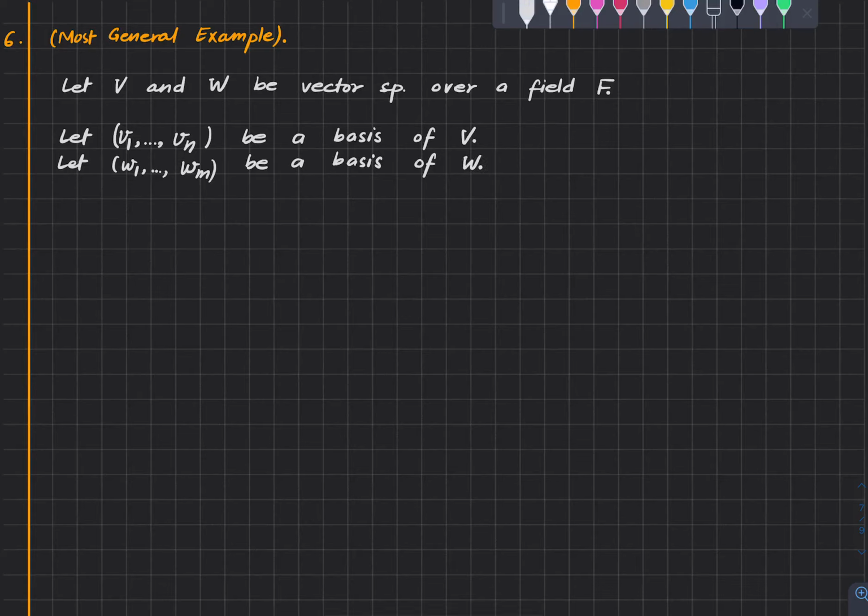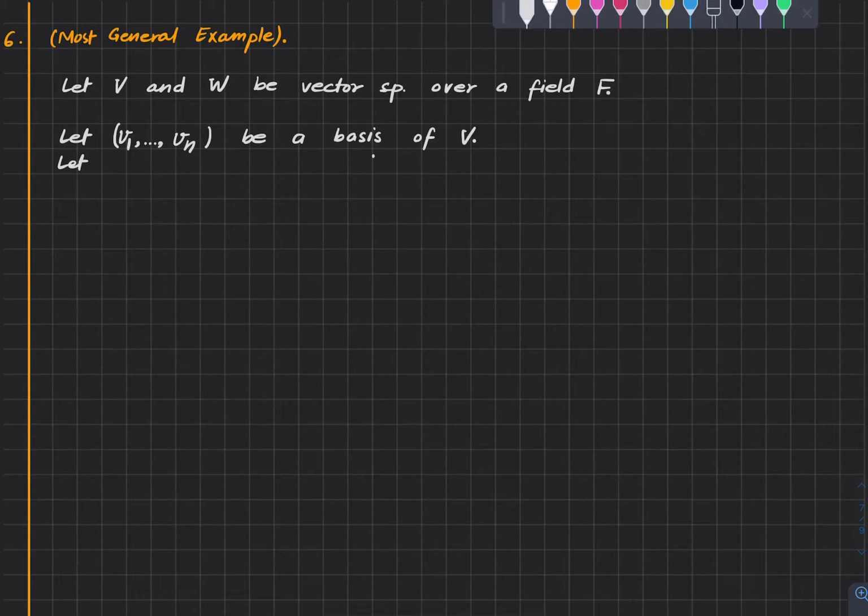Once we have fixed these bases, here is what we want to say. There is a unique linear map. Sorry about that. Okay. So this is a basis of V, but this is just some list of some vectors. Sorry about that.